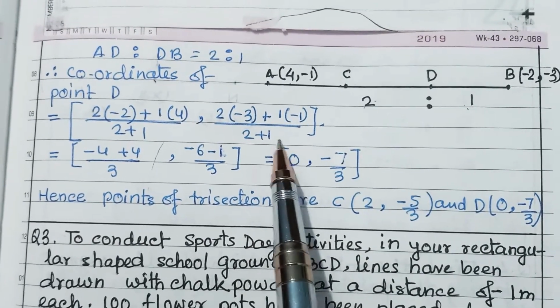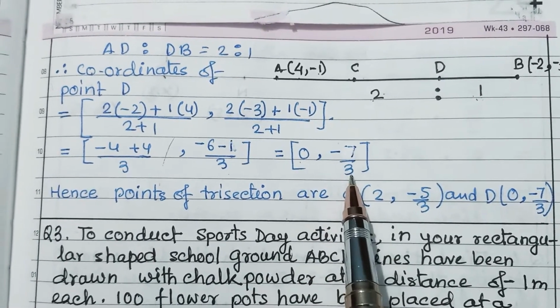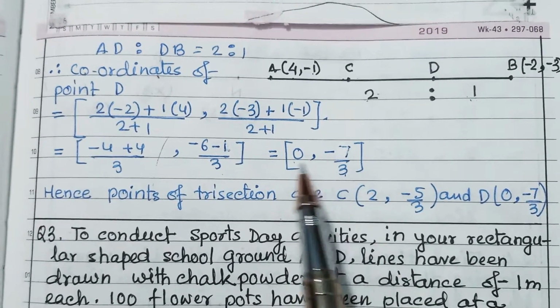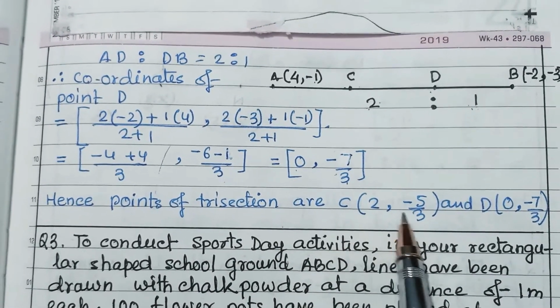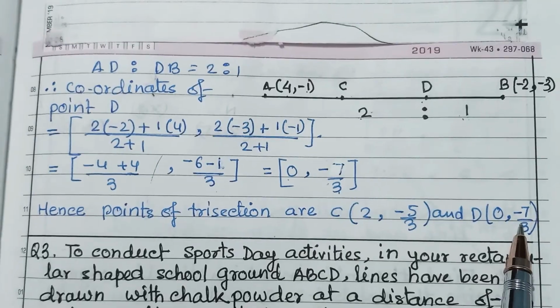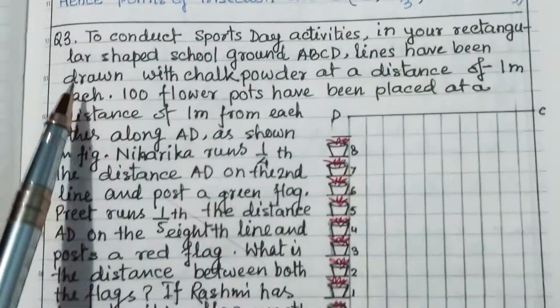So then the coordinates are (0, minus 7 upon 3). It is the coordinate of point D. So the coordinates of C and D are found. Now, question number 3.